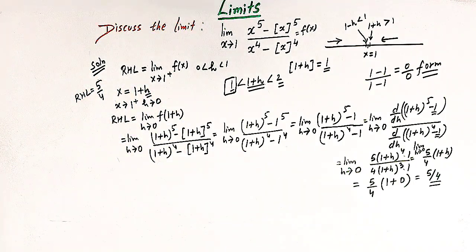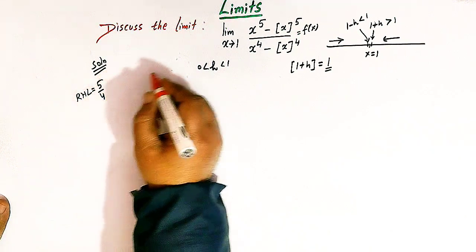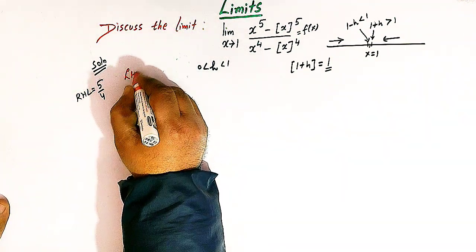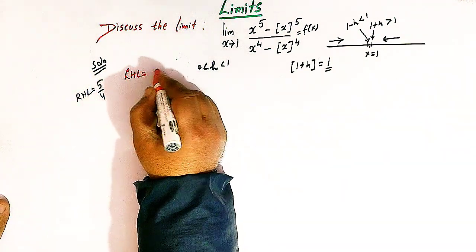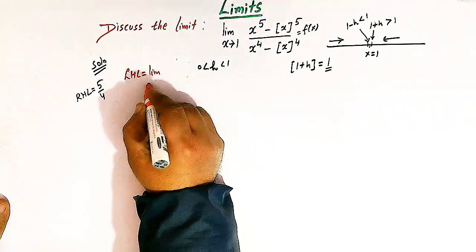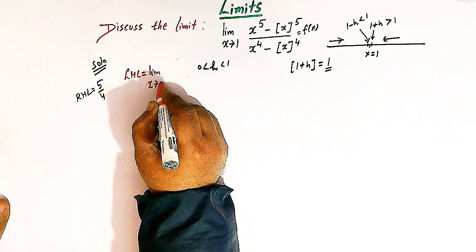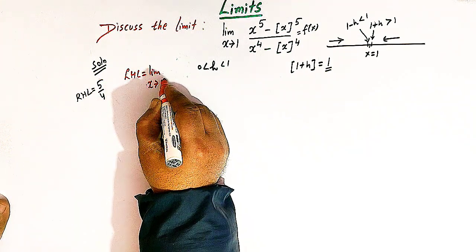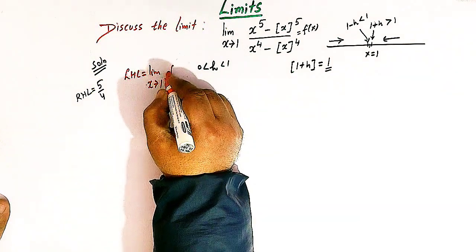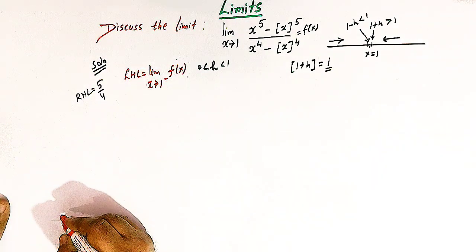Now let us find out the left hand limit. So now we have the left hand limit as LHL, and this is limit x tends to 1 with a negative sign, of f of x, right?